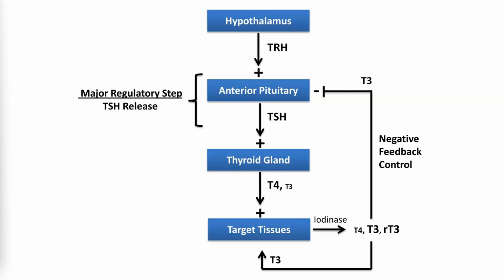About 80% of circulating hormone is T4. T4 is then converted to T3 at the target cells, in your tissue. Both T4 and T3 provide negative feedback to the hypothalamus and pituitary, which means if you have a lot of T4 and T3 floating in your body, it will tell the anterior pituitary and the thyroid gland that you don't need that much thyroid hormone released anymore.